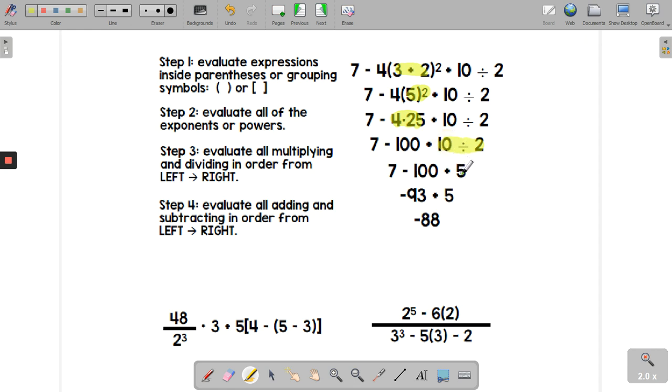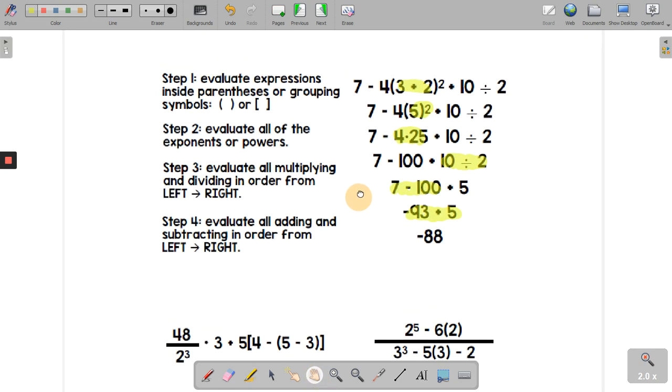After multiplication and division, we add or subtract from left to right. So we have 7 minus 100. It gives us negative 93. And then we have our last step of negative 93 plus 5, and that gives us our answer of negative 88. So now let's look at some example problems.